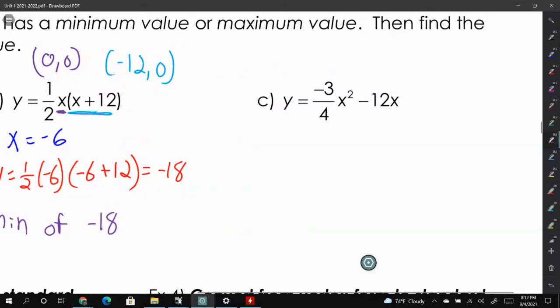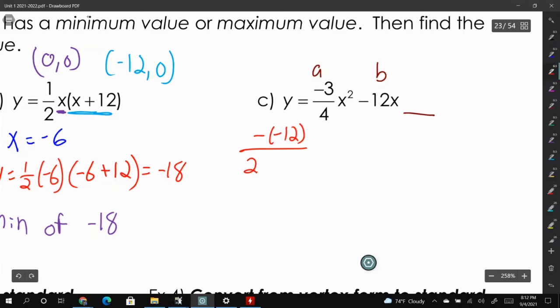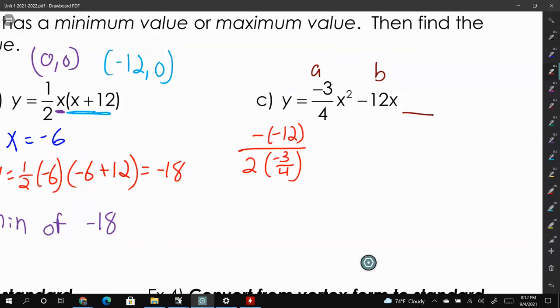Letter C, this one is in standard form. We just don't have a c term out here, but we have an a and a b. So in order for this to work, we're going to have to use the -b over 2a. So -b, which is -12, over 2 times -3 over 4. The first thing I will do is cancel out the negatives on the top and multiply these fractions down here. That's going to give us -6 over 4.